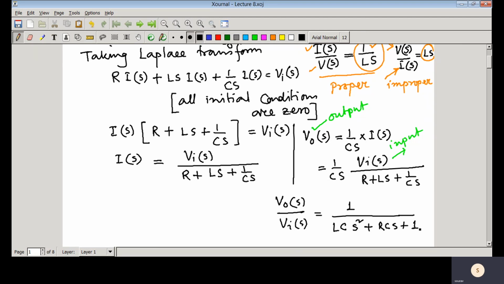This is the transfer function from input to output, and we get it by applying the Laplace transform and considering all initial conditions equal to 0. I hope now it is clear to all of you how to find the transfer function for any physical system, linear time invariant dynamical systems. Of course, the transfer function modeling technique is only applicable to linear time invariant systems, as we have already discussed in detail.